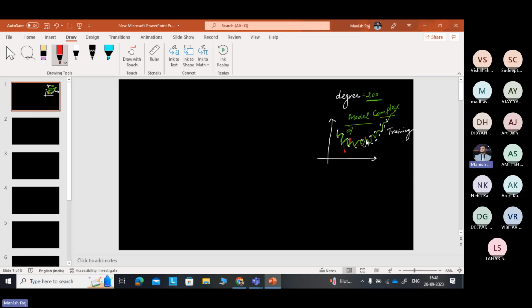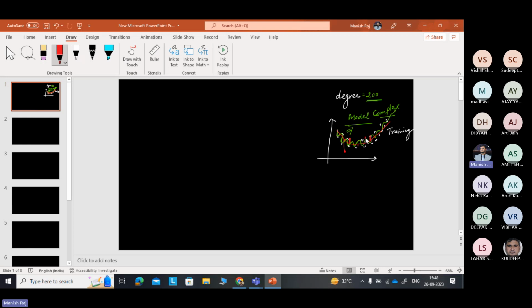You can't predict the pattern of the given data because this is a complex pattern, and every time the error will be more.